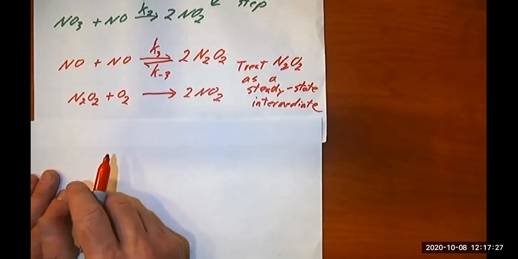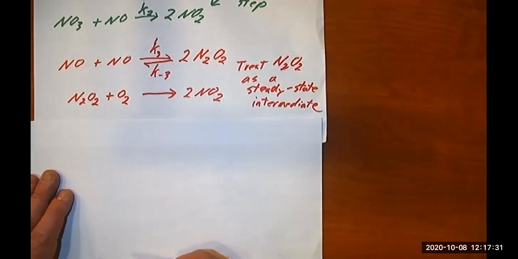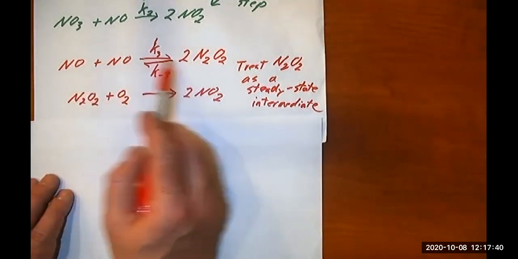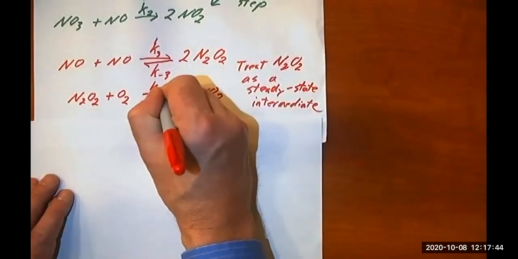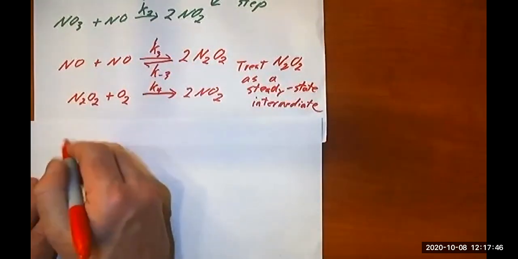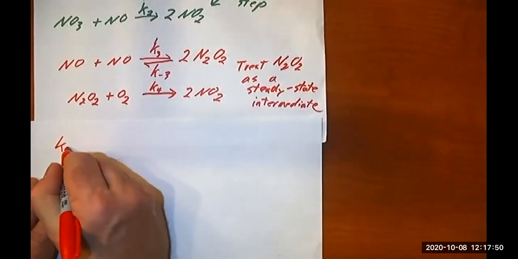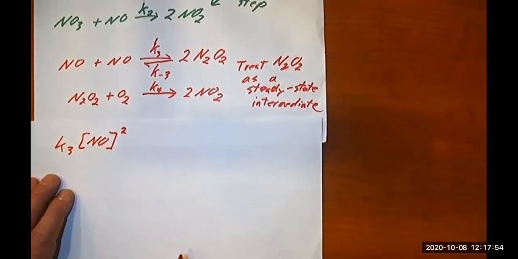For steady state, we need to have the rate of production of the intermediate equal the rate of consumption, or destruction, of the intermediate. We only have one step that produces it, which is this k3 step. Oh, I didn't mark a rate constant on this one. We'll call this k4. And so our rate of production is going to be k3 concentration NO squared.